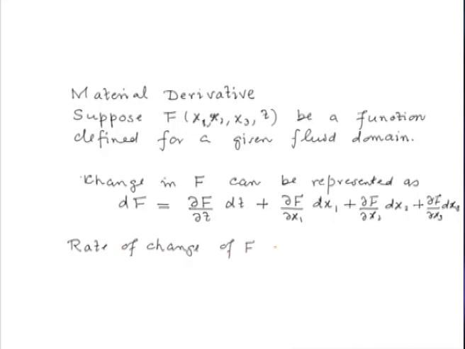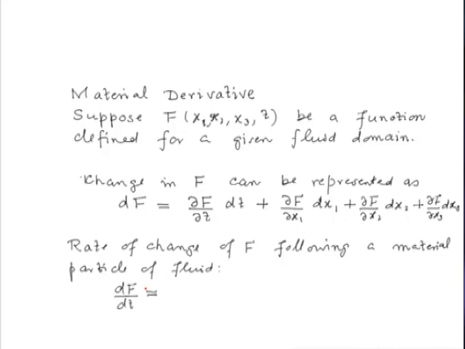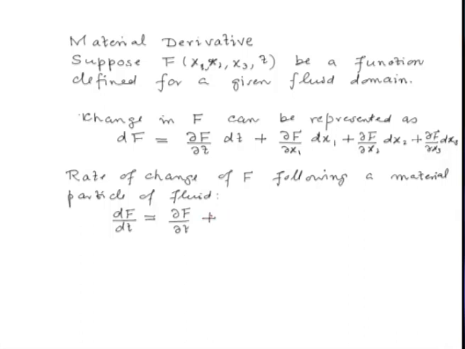Change of f following a material particle of fluid would be given by df by dt, and this would simply become del f by del t, the dt goes off, plus del f over del x1 dx1 by dt plus del f over del x2 dx2 by dt plus del f over del x3 dx3 by dt.